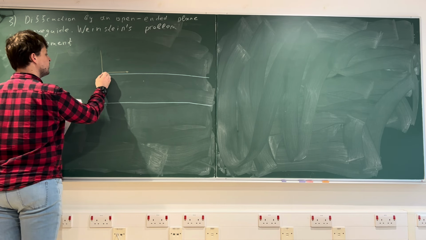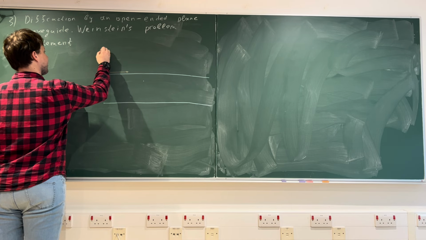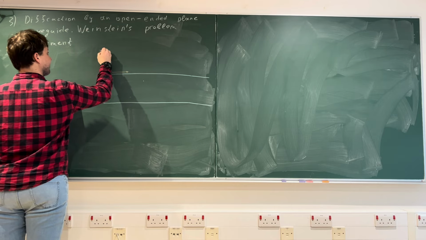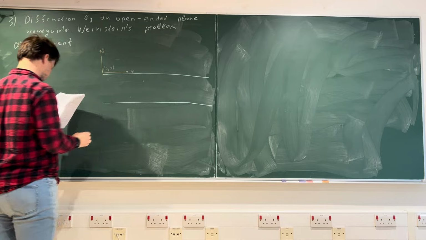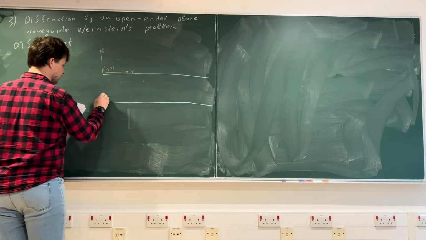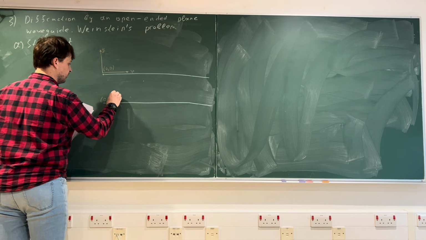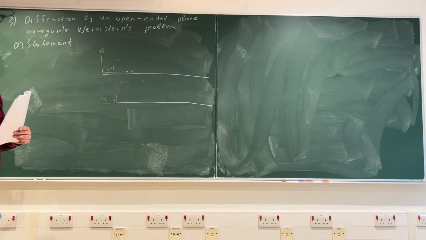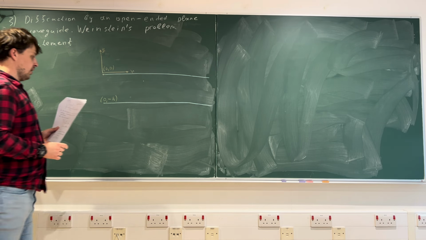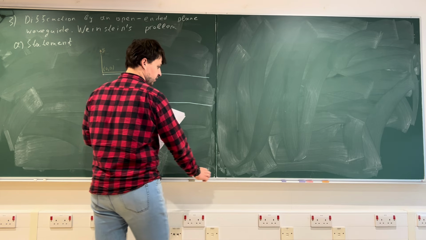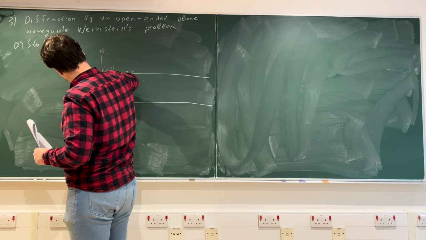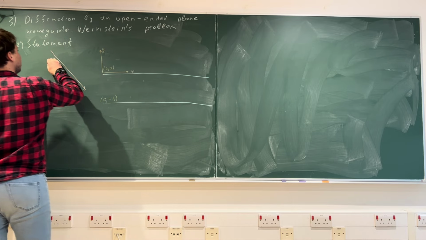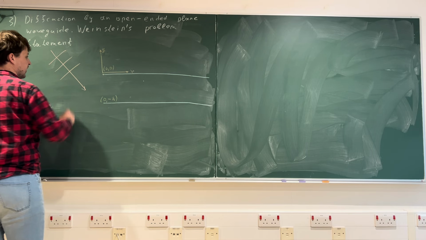Origin here at this point. For some reason I use small h as the width of this waveguide. What else do I have? I have a plane wave coming from infinity onto this waveguide.